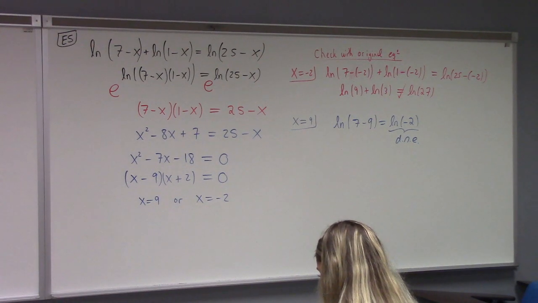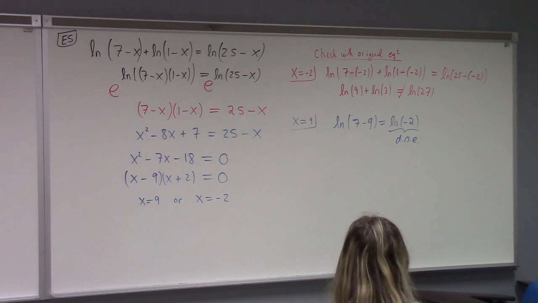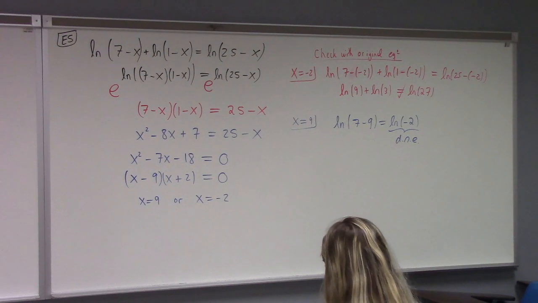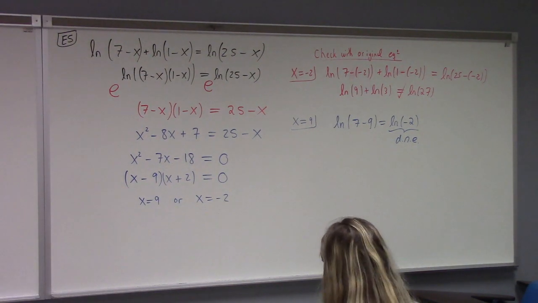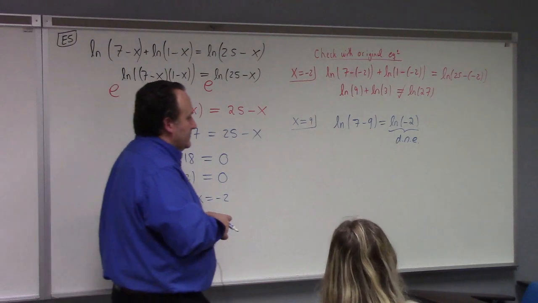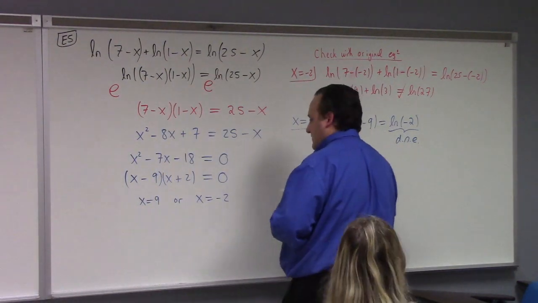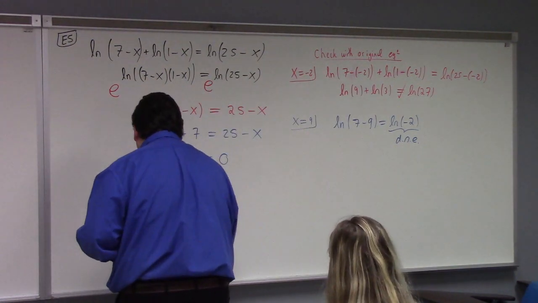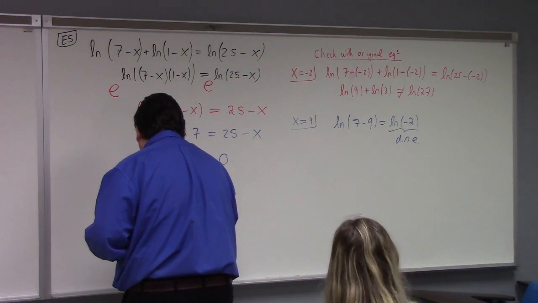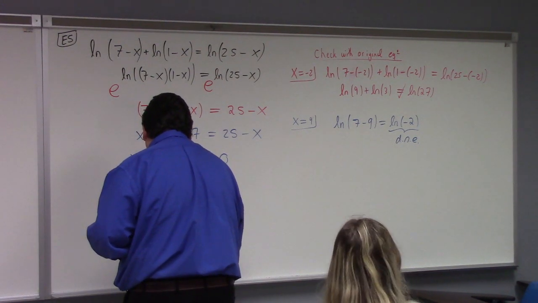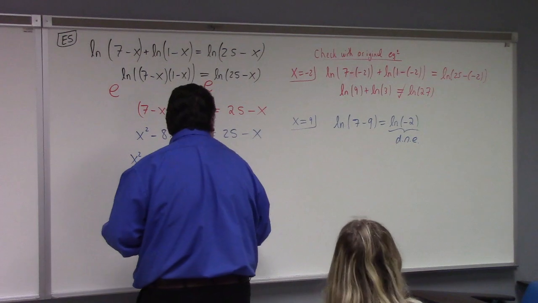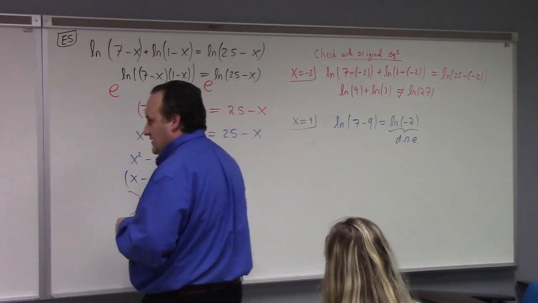It doesn't matter if everything else is hunky-dory. The one thing that's broken is enough. All right? So that makes this one extraneous. And the answer here is simply x equals minus 2.